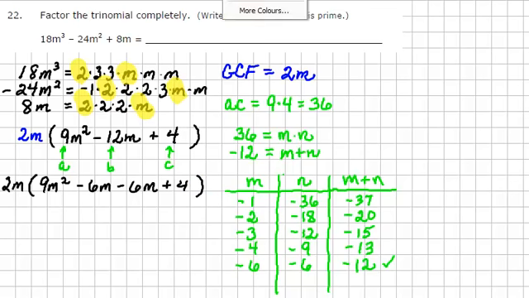Now at this point you use the technique of grouping. So what we're going to do is to group the first two terms and group the last two terms.